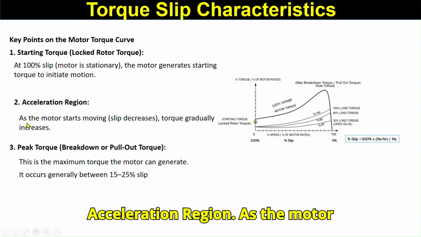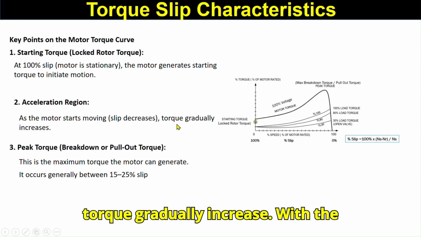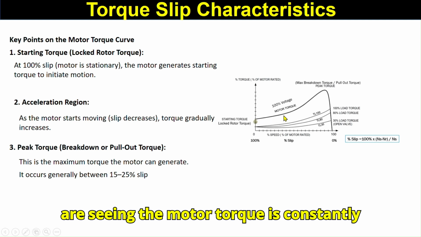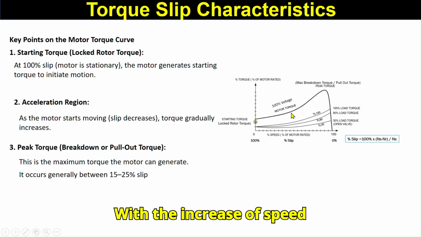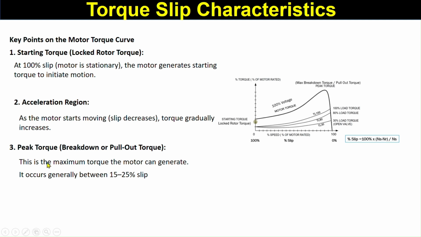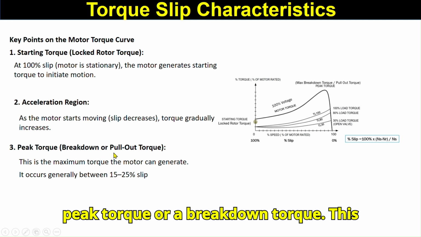Acceleration region. As the motor starts moving, slip decreases and torque gradually increases. With the increase of speed, with the decrease of slip, the motor torque increases. This is the maximum torque, that is the peak torque or breakdown torque.